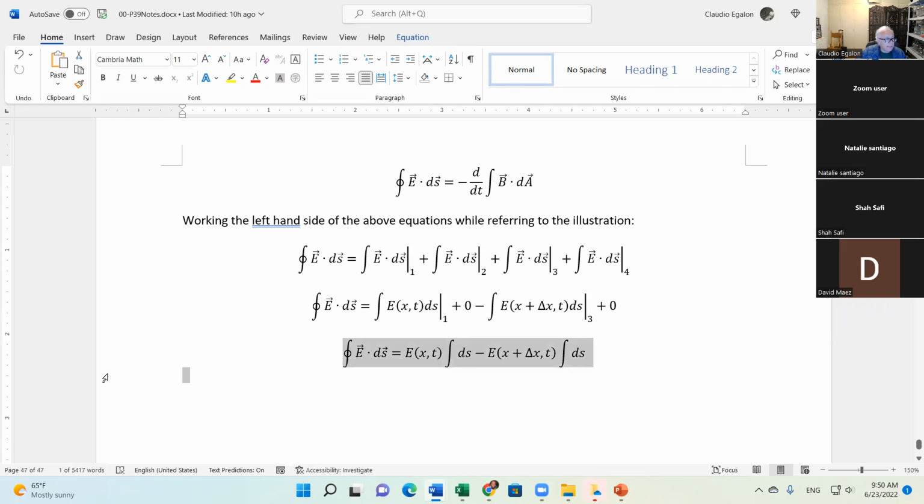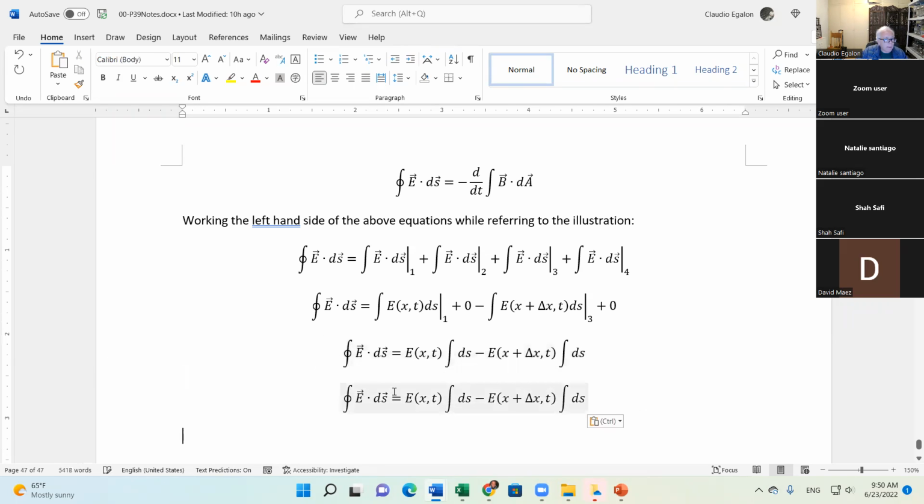And now the integral of the path ds becomes L, the L that we do not know. Let's see if we're going to have the L or not at the end. So that's the left side of this integral here.